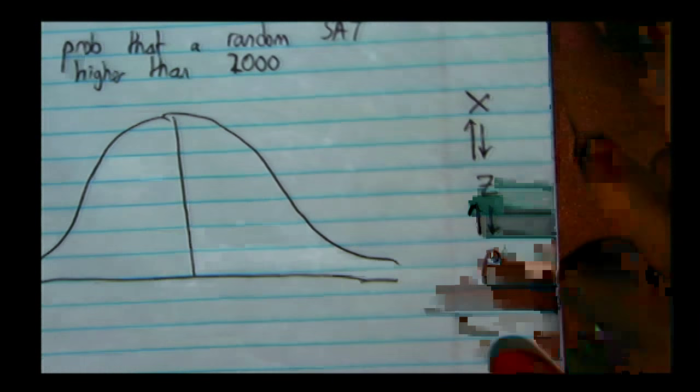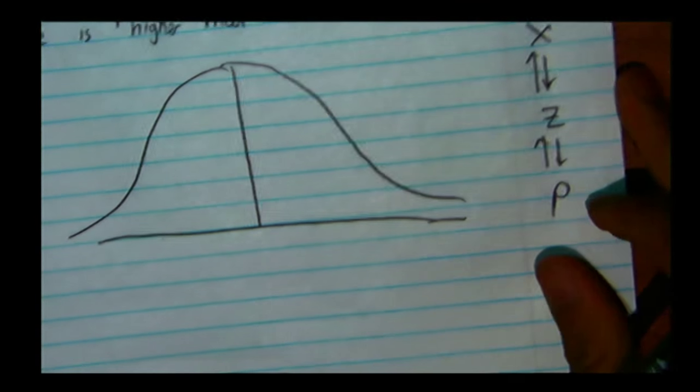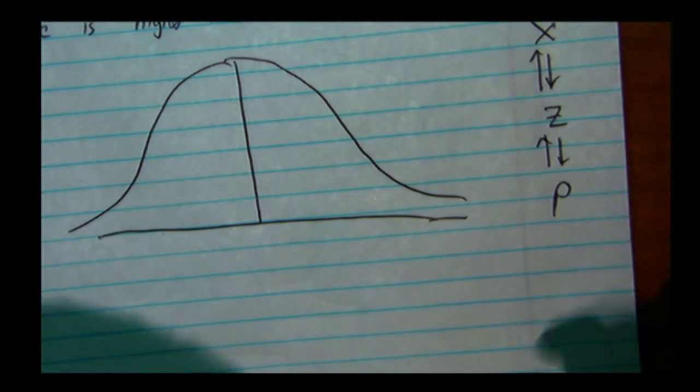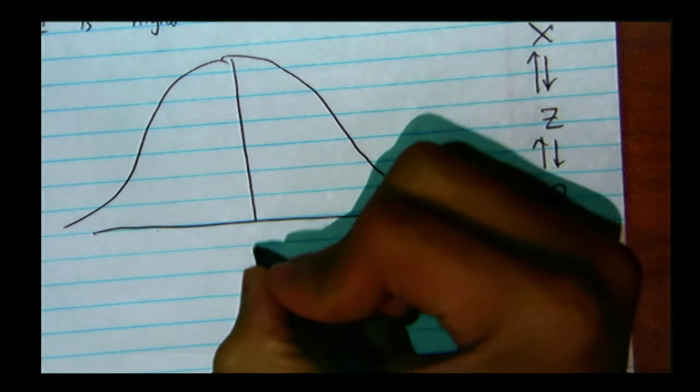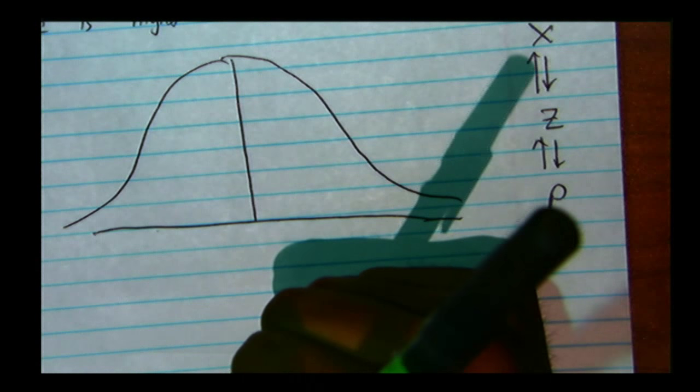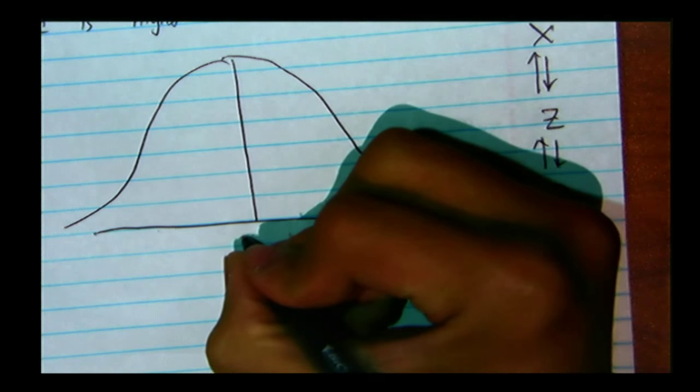So ignore chapter 6. We're doing chapter 5. So the average score is 1,800. My values are SAT scores in this example. And here is 2,000.